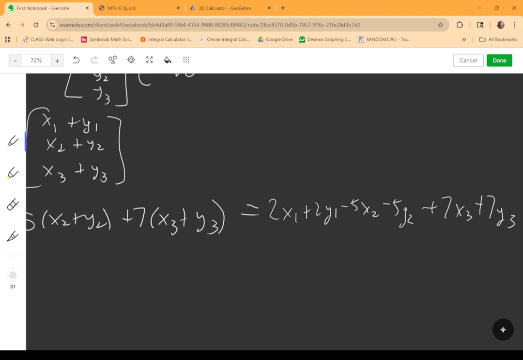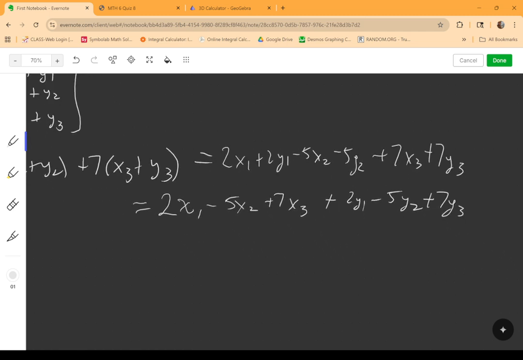Rearranging these, since we just have real numbers, I can use the axioms of the real numbers, so I can write them in any order I want. We have 2x1 minus 5x2 plus 7x3 plus 2y1 minus 5y2 plus 7y3.